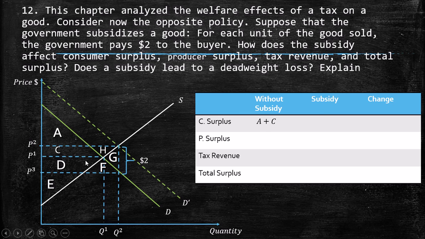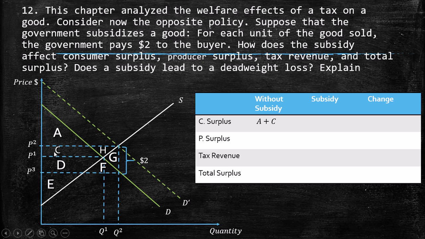Without the subsidy, we have A plus C. Remember, it was the case P1, Q1, so the consumer surplus was A plus C. Remember that all people along this curve were willing to pay even more in order to have one unit of the good, but instead of paying a price larger than P1, they buy at the price of P1, so it's kind of a saving.